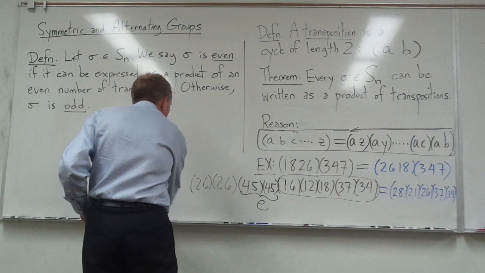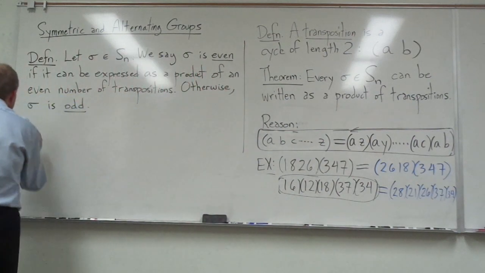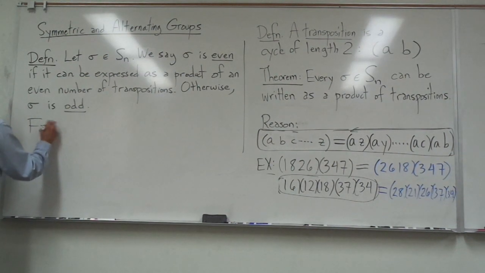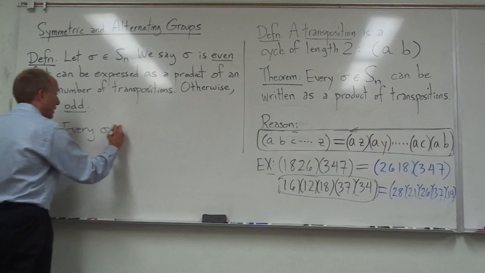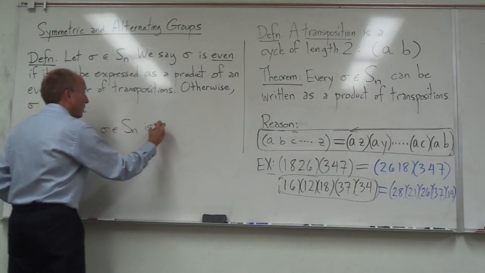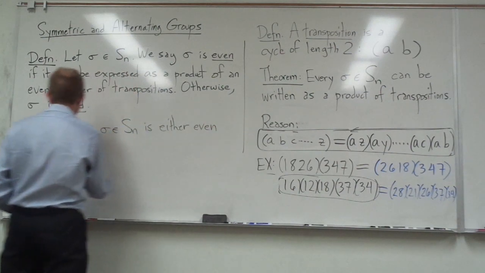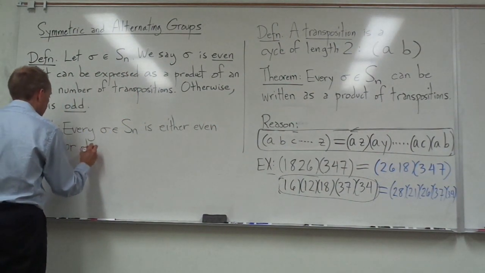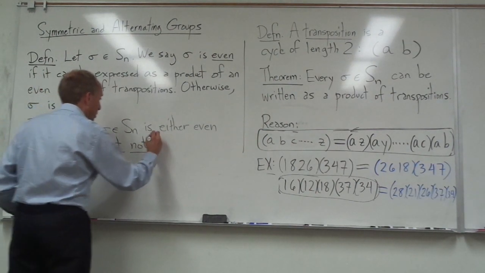But it turns out, it's not something I'm going to prove right now, but this is a fact, and the fact is that every sigma in Sn is either even or odd, but not both.